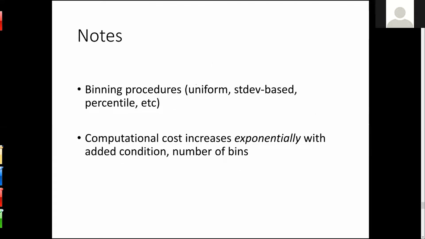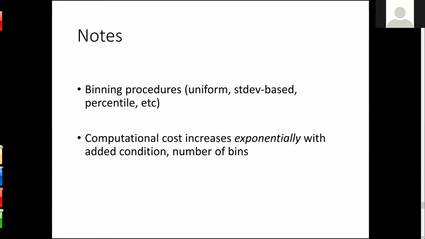Okay, some notes with the conditional Markov chain. It is sensitive to the choice of the binning procedure. So you can make uniform bins or based on the values of standard deviations or percentile quantiles, etc. And the transition probabilities differ significantly. Also, the computational cost increases with the added conditions.